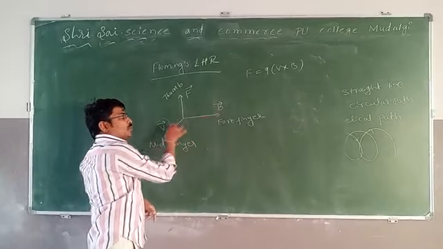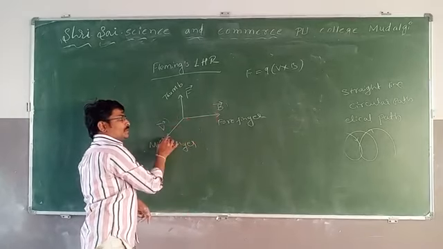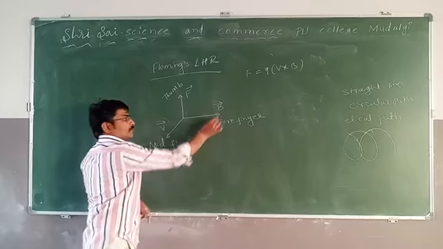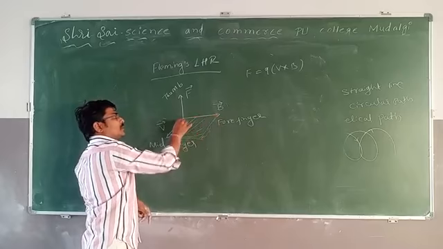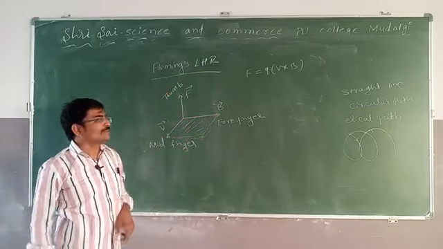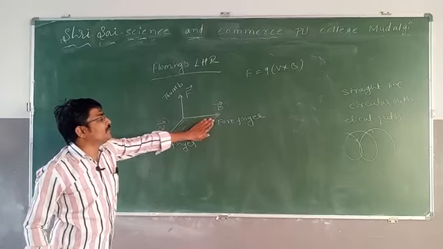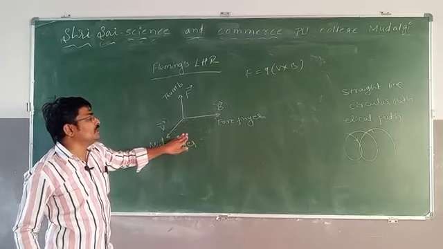For these two, the plane containing V and B, this is the plane. For this plane, F is perpendicular. Always, what is the direction of F?